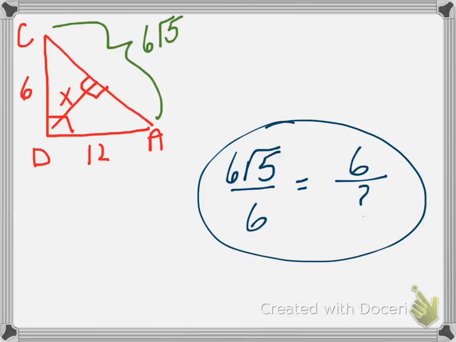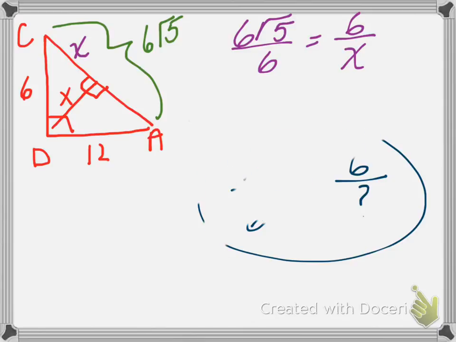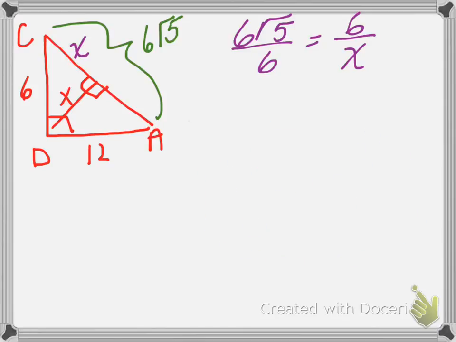Okay, so we make some room here. We have 6 over radical 5 over 6 equals 6 over x, and x is going to be this part. That's the shadow that's coming from the leg of 6. That's part of the hypotenuse. If we cross multiply, we get 6 radical 5x equals 36.